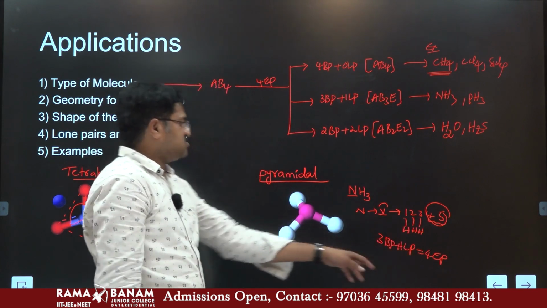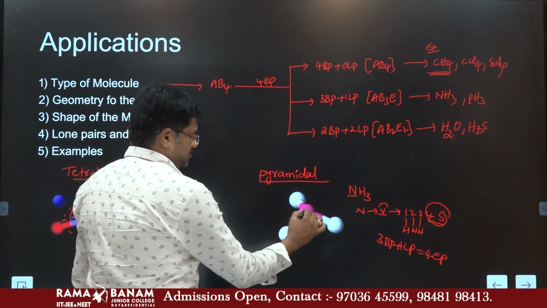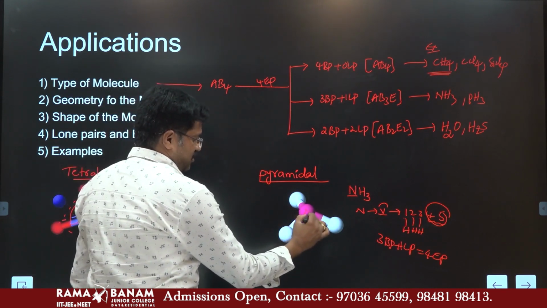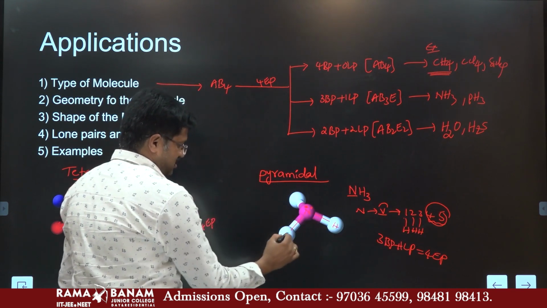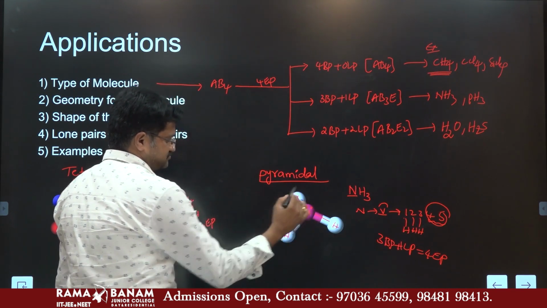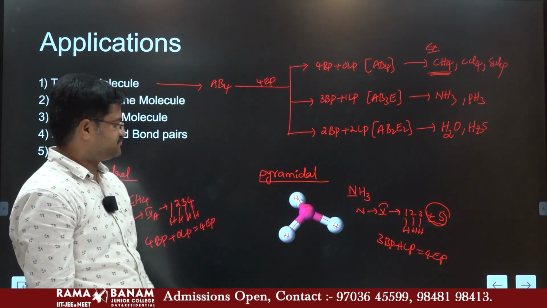The expected geometry is tetrahedral, but 1 lone pair is there on nitrogen. These 3 are hydrogens. Pyramidal geometry.